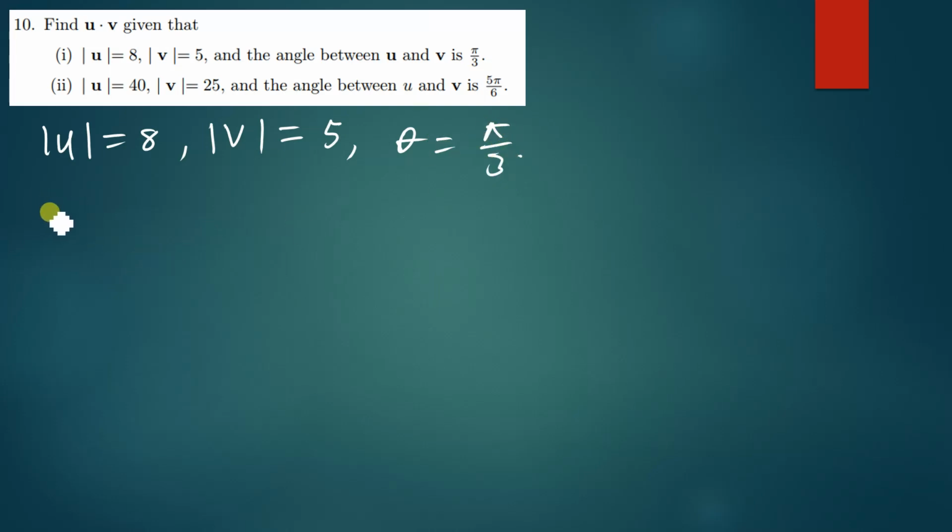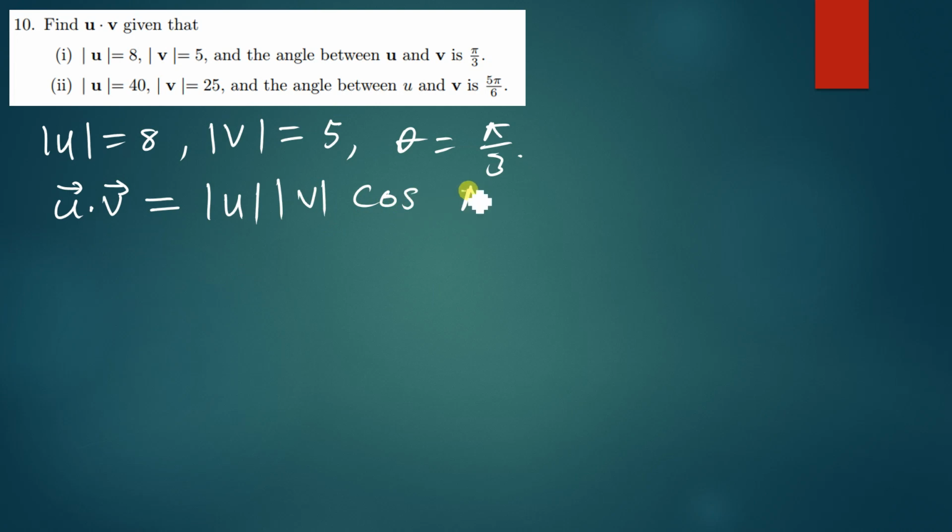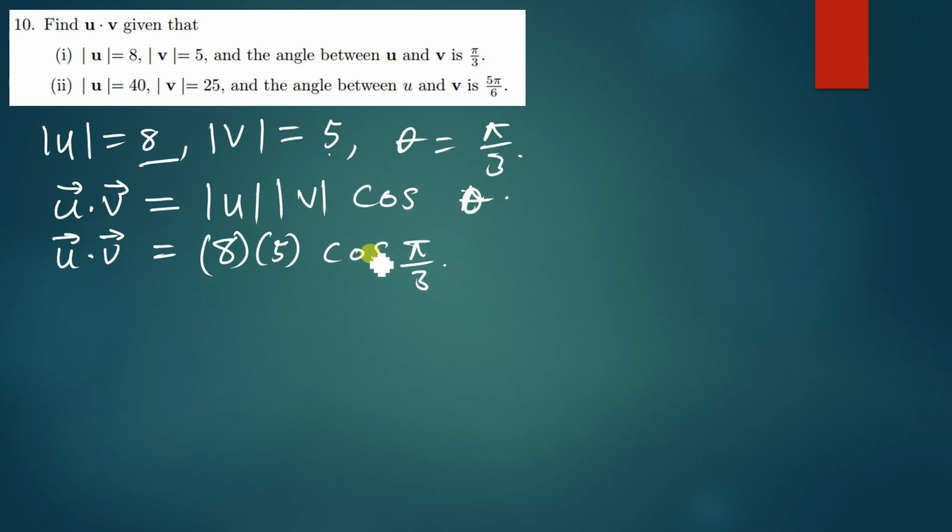Remember the formula, u dot v is what they're asking us to find, and according to the formula, it's given by the magnitude of u times the magnitude of v times cos theta. So u dot v is going to be 8 times 5 times cos pi over 3. Pi over 3 is 180 divided by 3, that is 60 degrees.